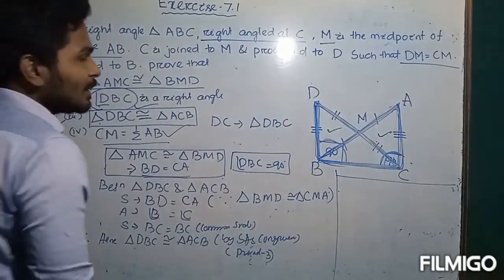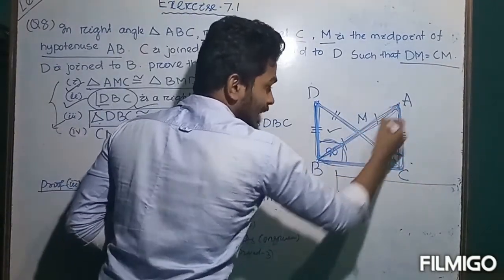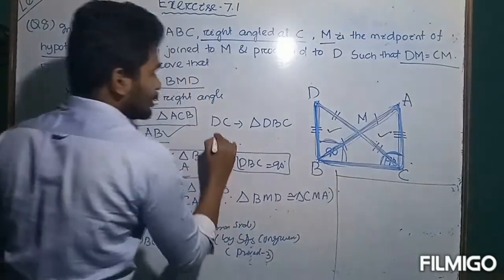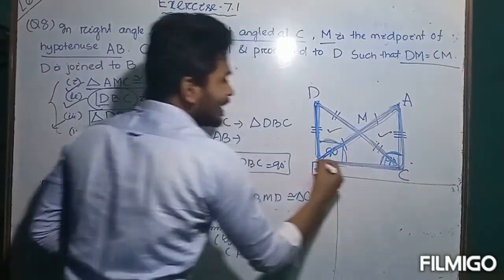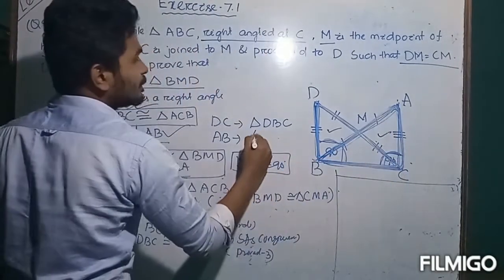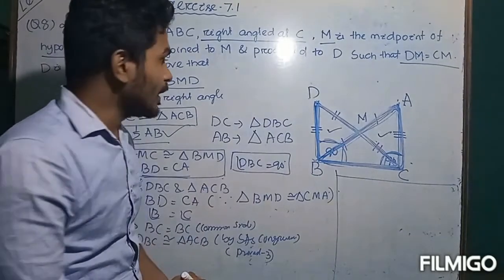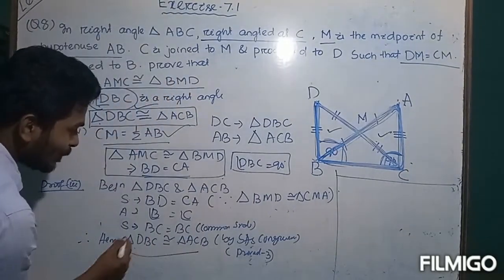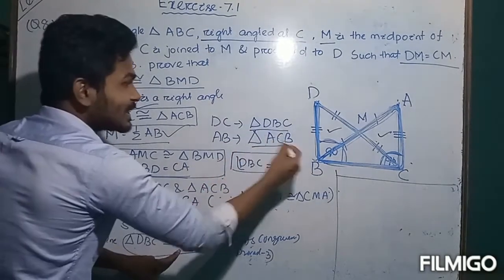Similarly, if we consider triangle ACB, then AB is a side of triangle ACB. We have proved that triangle DBC is congruent to triangle ACB.